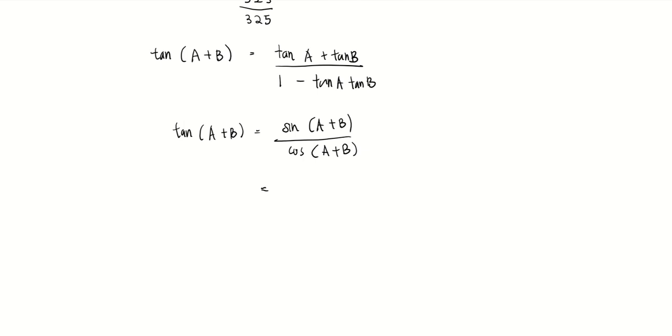Sine A plus B is negative 36 over 325 and cos A plus B is 323 over 325. So we can simplify this. This is just negative 36 over 323.